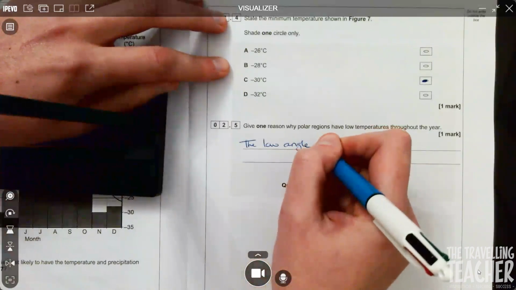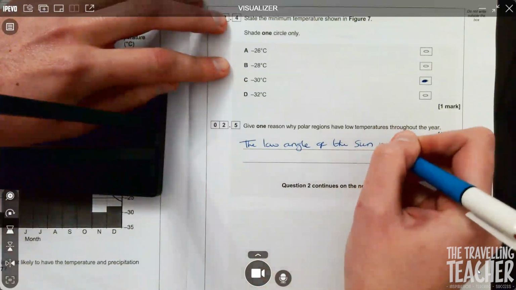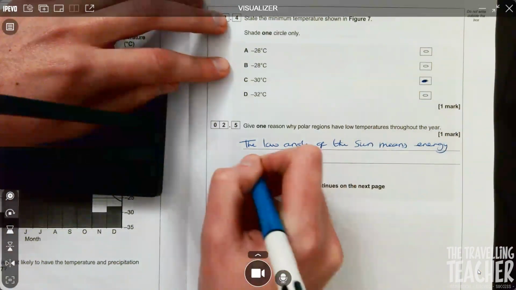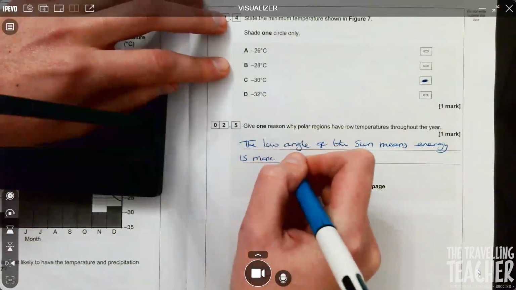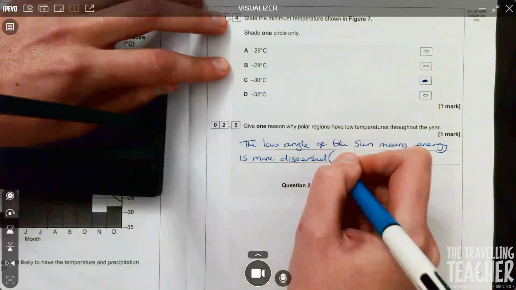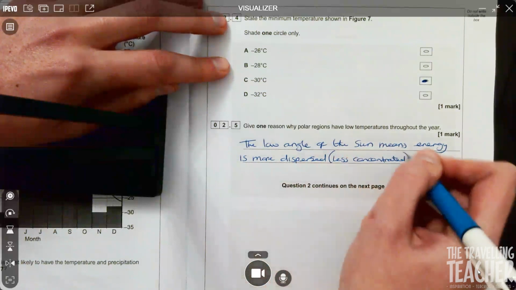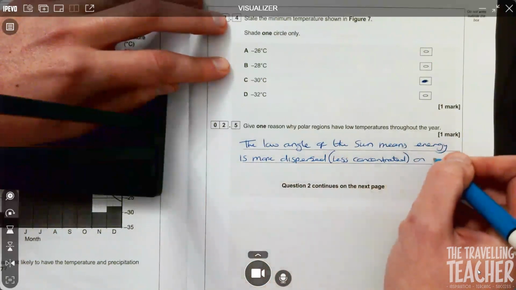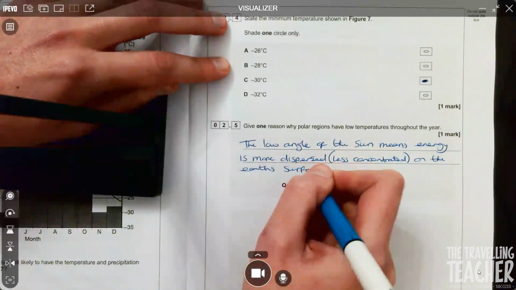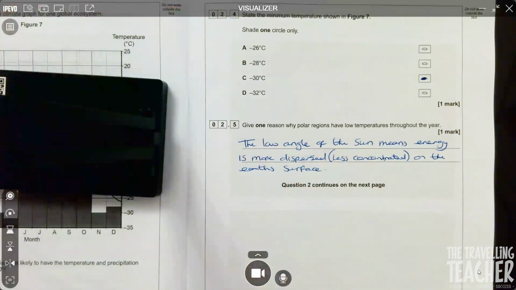The low angle of the sun means energy is more dispersed, less concentrated on the Earth's surface. Perfect. Right, next question.